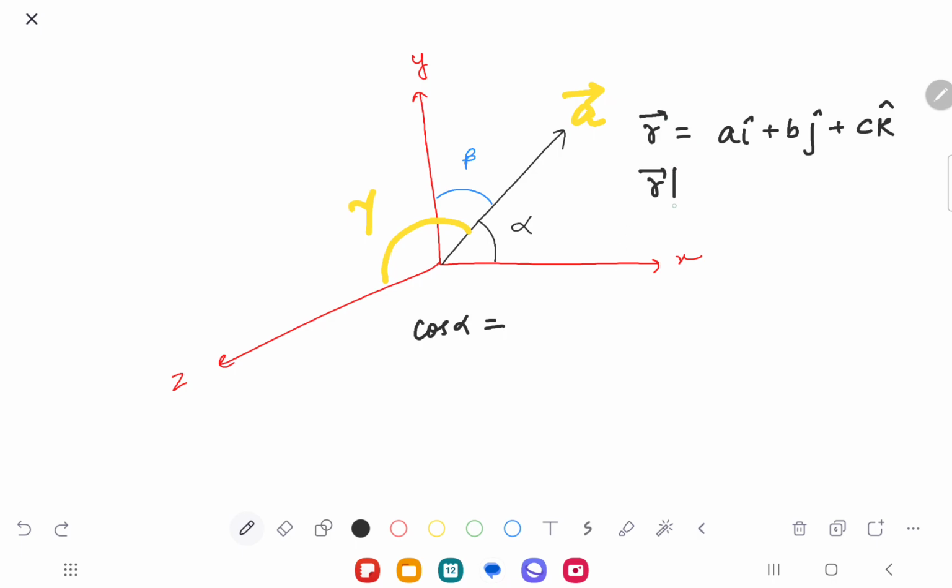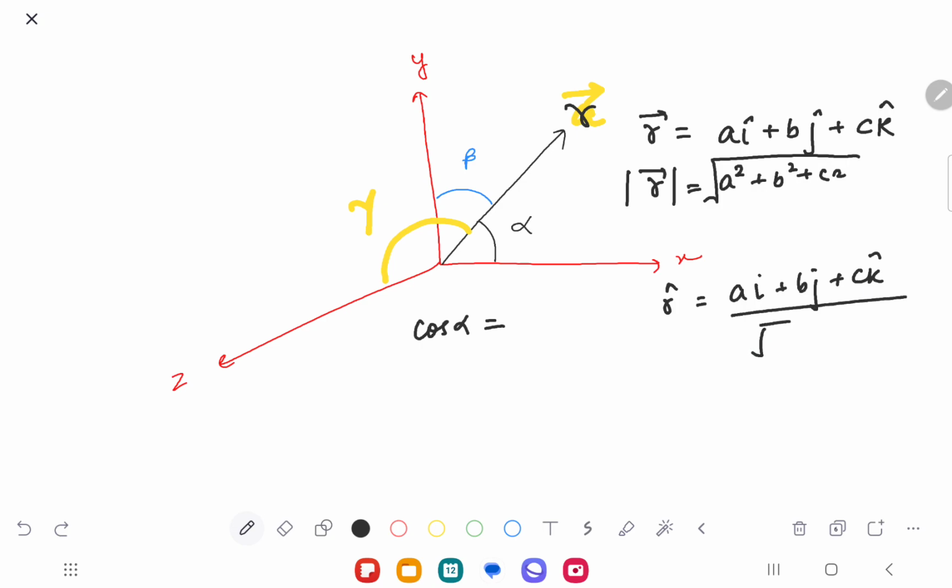what shall be the R vector's magnitude? Under root of A square plus B square plus C square. So R cap shall be A i cap plus B j cap plus C k cap over under root of A square plus B square plus C square. I hope you're understanding my point. So this is my unit vector that we have calculated.